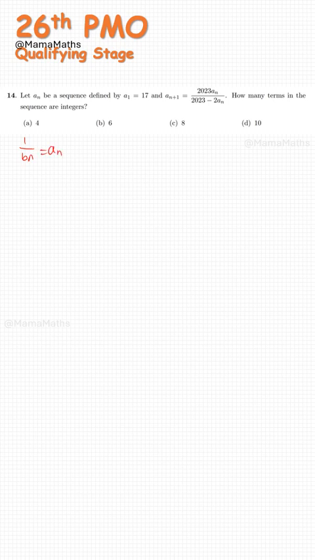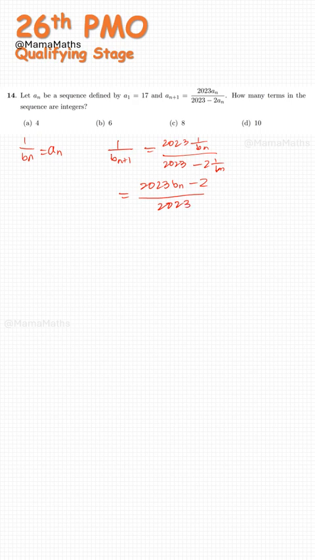We can write this as 1 over b sub n plus 1 equal to 2023 times 1 over b sub n over 2023 minus 2 times 1 over b sub n. Or we can write this as 2023 b sub n minus 2 over 2023, which can be simplified as b sub n minus 2 over 2023.